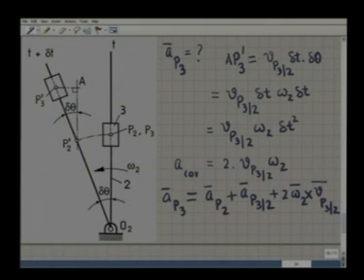Vp32 is along the slot, omega 2 vector is perpendicular to the plane of motion, and this cross product will give the magnitude of the Coriolis acceleration as this. And this last term is what we call A Coriolis.